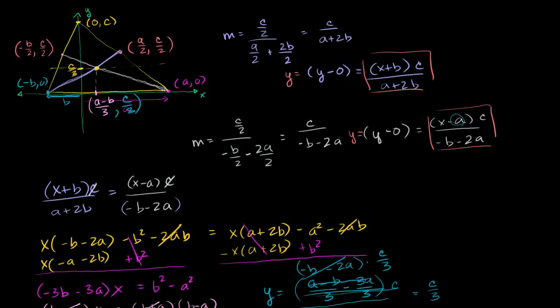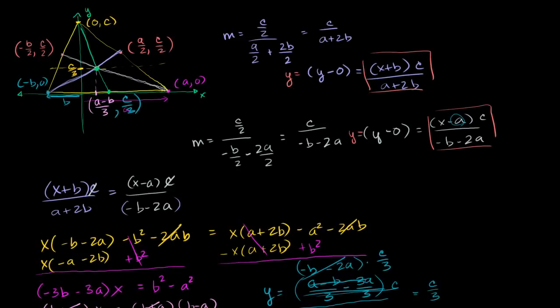So we could actually use maybe an easier argument, because remember, our whole point was to show that this point is two-thirds along the median away from the vertex. So let me draw this vertex now here. Our whole point of this video is, we said this is the midpoint of this side over here, is to show that this right here is two-thirds along the way, or that this length is twice this length, or that this length is two-thirds of the entire length of the median.